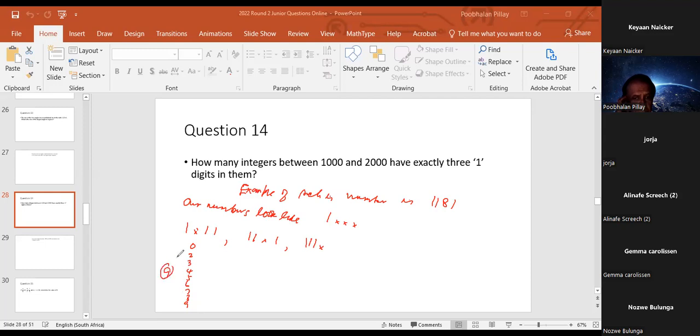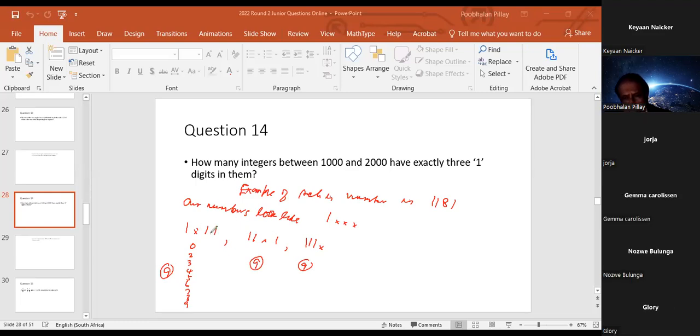So there are 9 such numbers, which look like this: 1011, 1211, 1311, 1411, and so on. Likewise, you have this one too. If you argue this out, you get another 9 there. And here too, you get 9, because in each case you don't put the 1, but you can put any one of these.